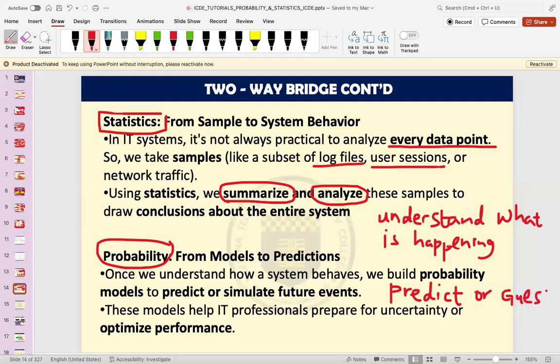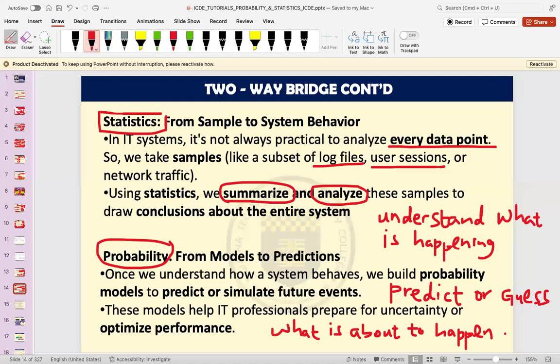It will always help you to guess what is about to happen. It means that it hasn't taken place. What is about to happen. These are two different things. And then we need these two to be bridged.